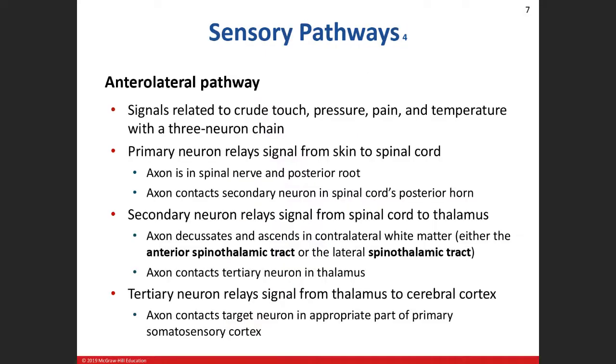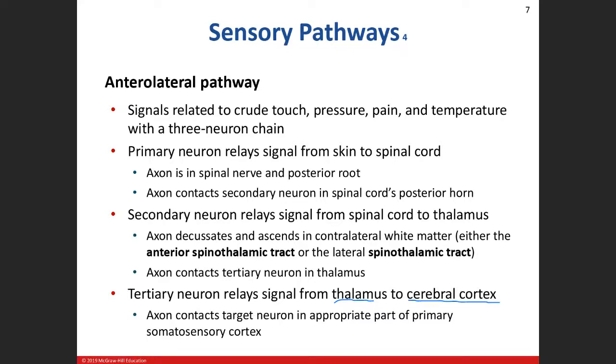So you can see a pattern here: the tertiary neuron is pretty much always going to go to the cerebral cortex. It's located in the thalamus, and then it travels to the cerebral cortex.